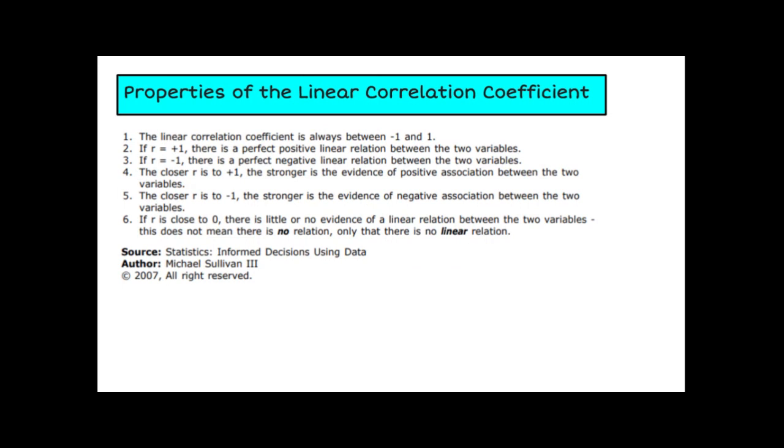The closer r is to +1, the stronger is the evidence of positive association between the two variables. The closer r is to -1, the stronger is the evidence of negative association between the two variables. If r is close to 0, there is little or no evidence of a linear relation between the two variables. And this does not mean there is no relation, only that there is no linear relation.